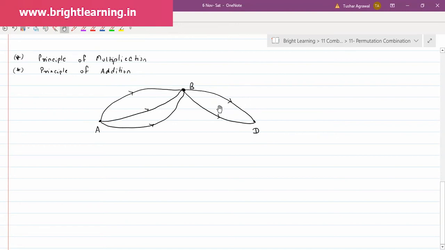Now if I ask you the question, from Ahmedabad to Delhi, in how many ways can you travel? What will be our answer? One of them is saying 5. Yash is saying 6. Pujita is saying 2. Anybody else?